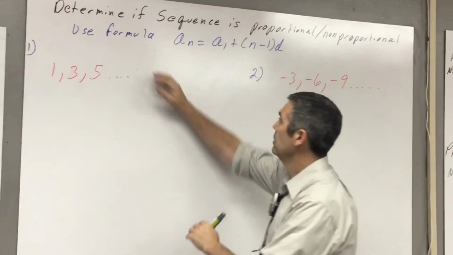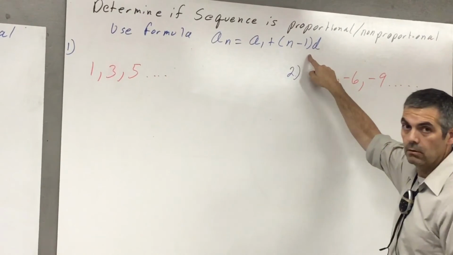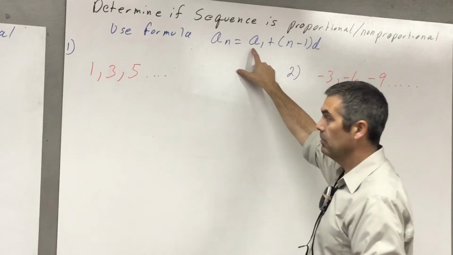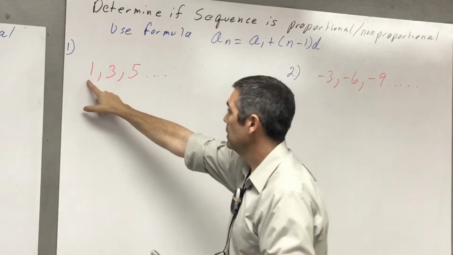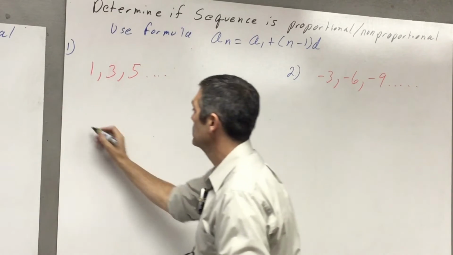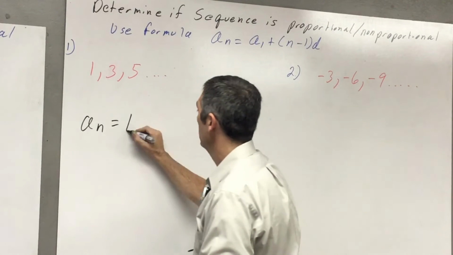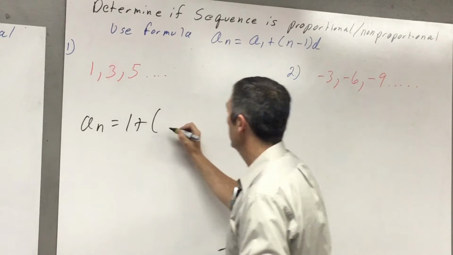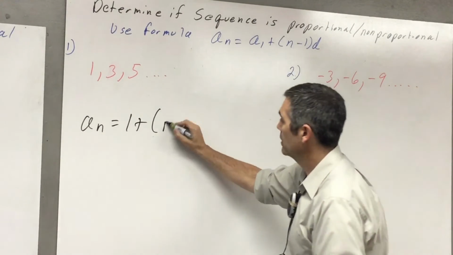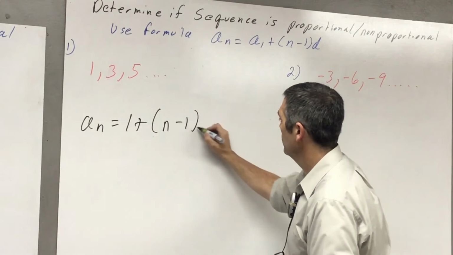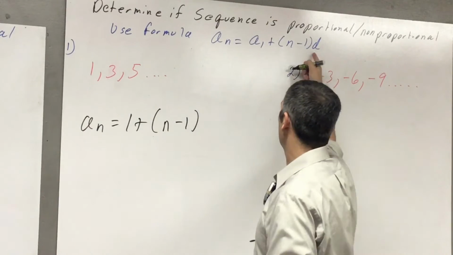All right, so use your formula. Okay, here I need my first term. That's 1. Right? So a sub n equals 1 plus parenthesis, n minus 1 parenthesis, and then what the difference is.